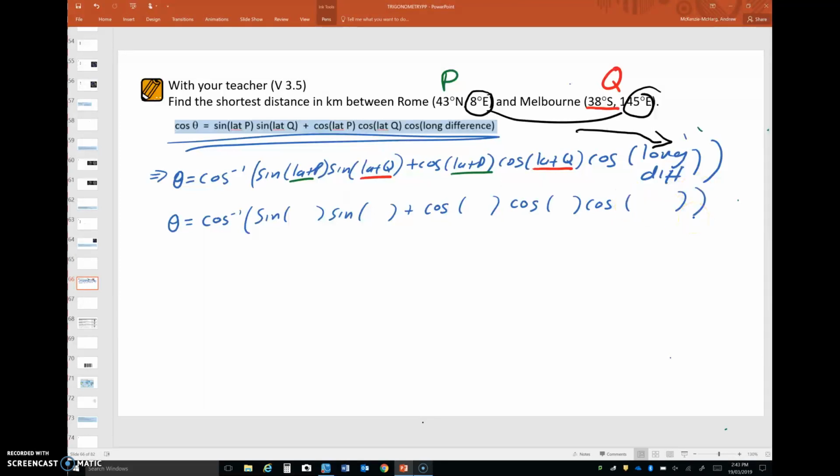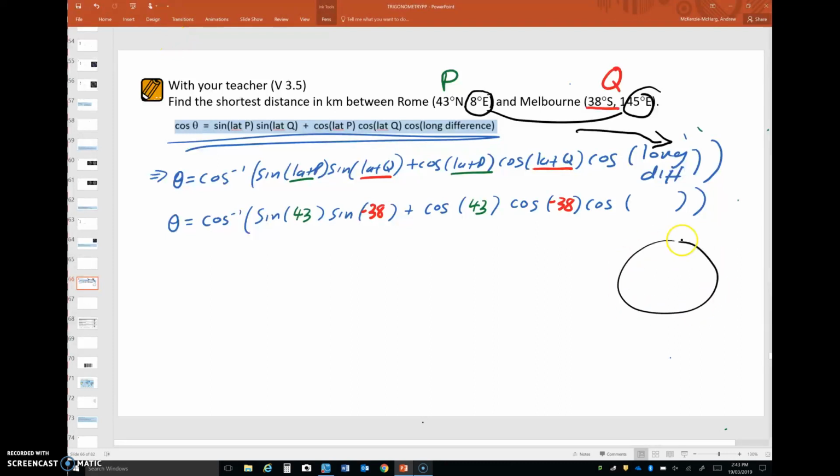Righto. So the latitude at Rome is 43 degrees north. So I'll stick with that green colour. That's going to go here and here. And the latitude from Melbourne is 38 degrees south. So that's going to go here and here. Now we need to be careful because southerly latitudes need to be negative in this formula. So if you have a southerly latitude, make sure it's negative in this formula.